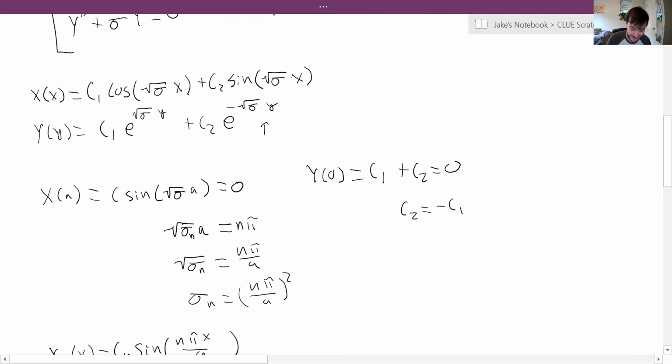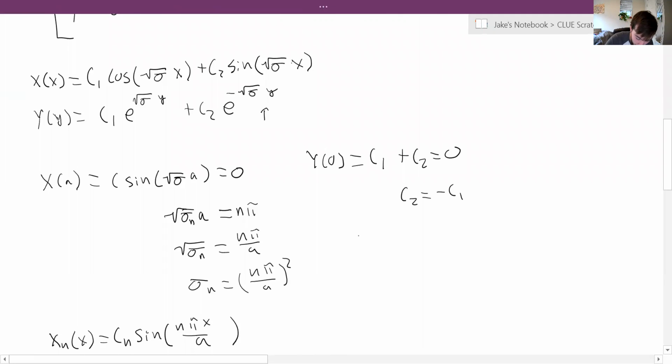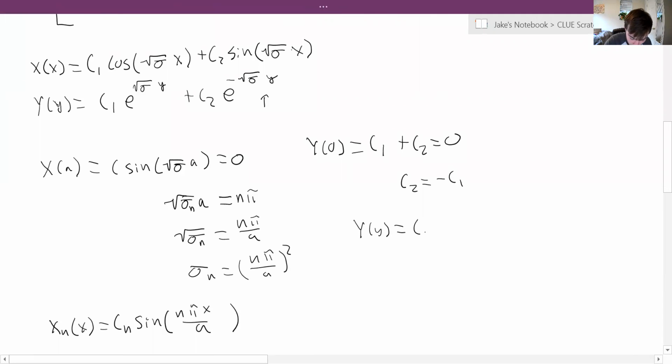Which means y can be written as c1, but again, now we don't need to worry about, there's only one variable now. So we're just going to say c times the quantity of e to the root sigma y minus e to the negative root sigma y. Or I wrote root y here, sorry. Root sigma y.